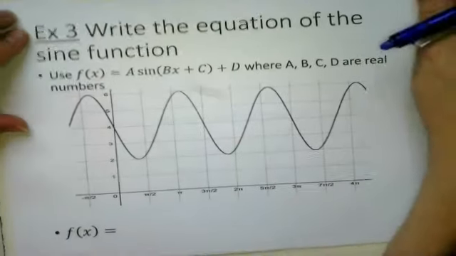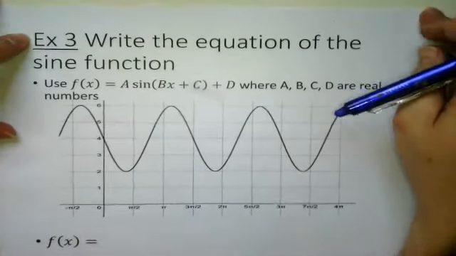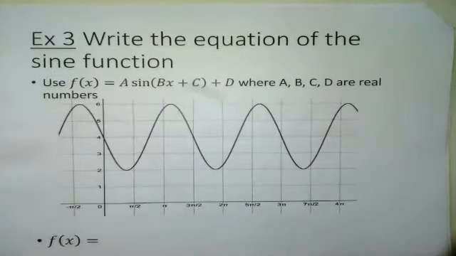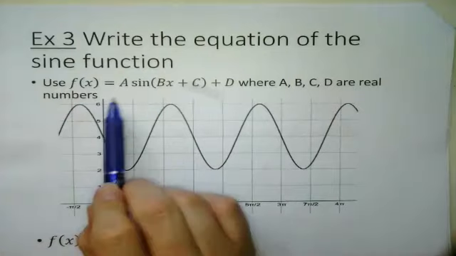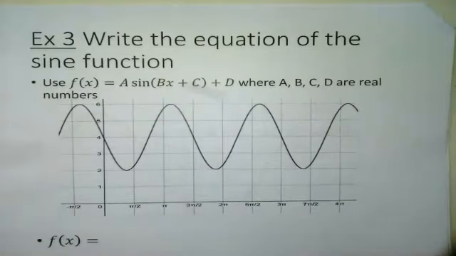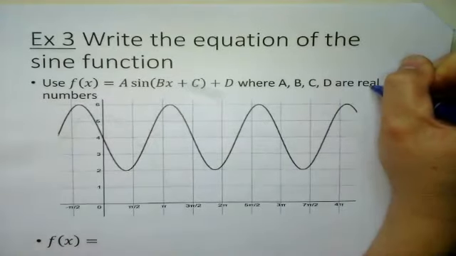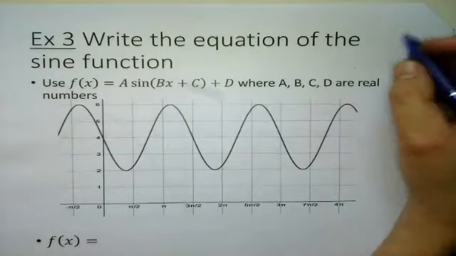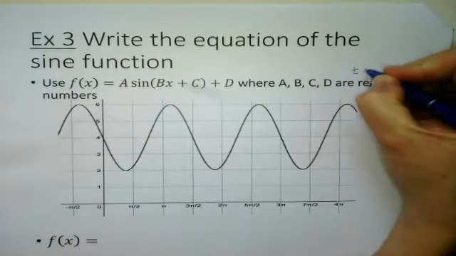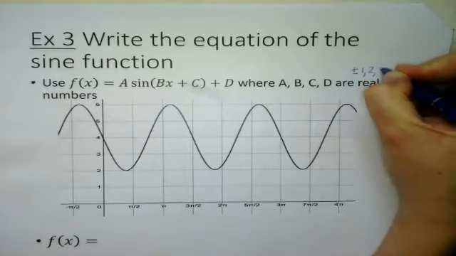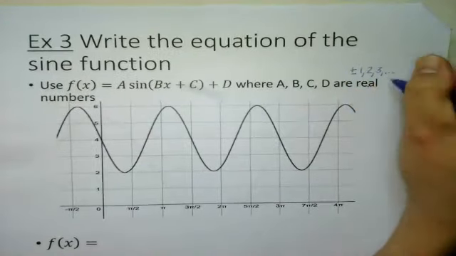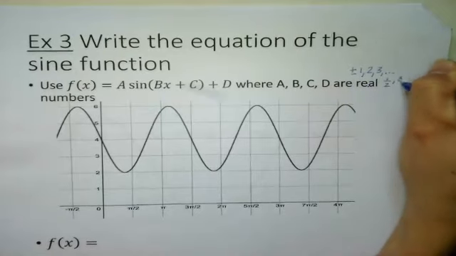And now we get to figure out the equation of the sine function. So we are actually going to calculate the A, B, C, and D values, where A, B, C, and D are real numbers. What are real numbers, ladies and gentlemen? All the numbers you can think of, positive or negative, whole numbers. They are fractions.